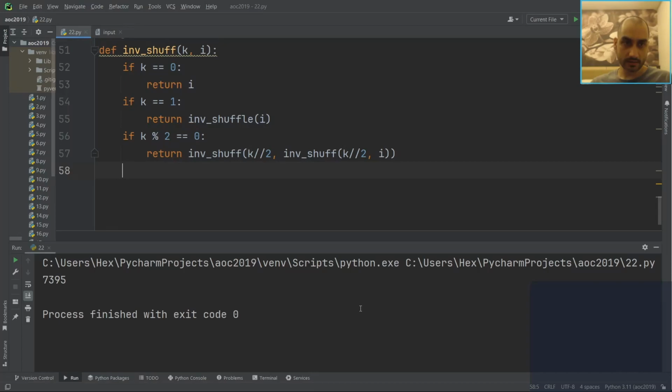So otherwise, k is odd. So we should just do this, say inverse k minus 1 of I, and then whatever we get for that, we do one more shuffle, right?